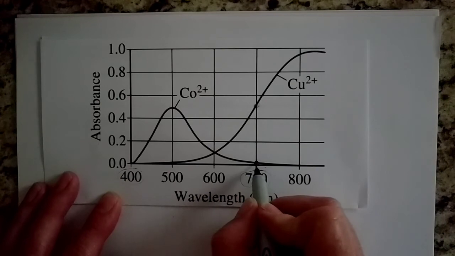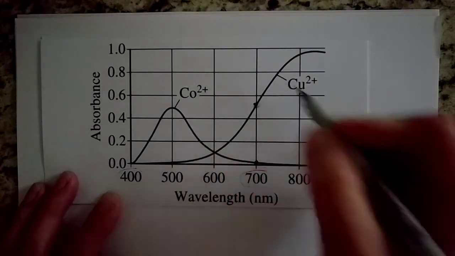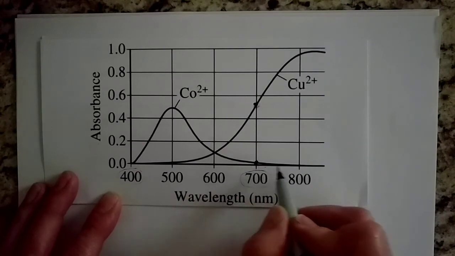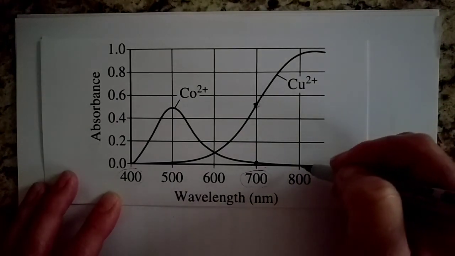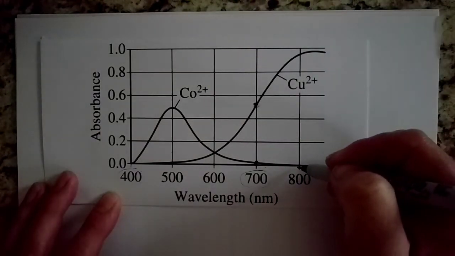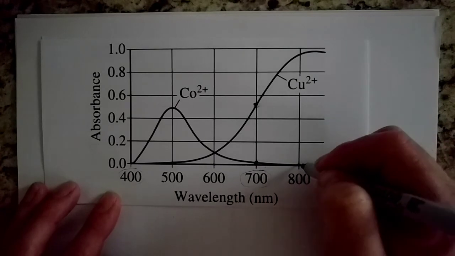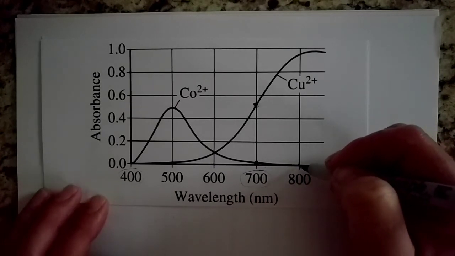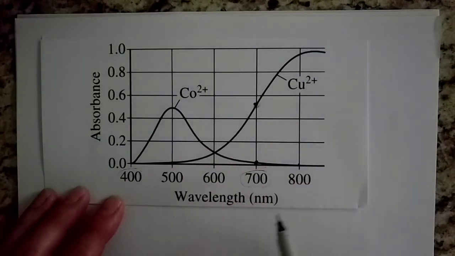It's not ideal, but the copper will be absorbing much, much more. If we had an instrument that went up to 850, then we could pick 800, because at 800, only the copper absorbs and the cobalt impurities in our sample won't have an effect. So the answer to this question is 700 nanometers.